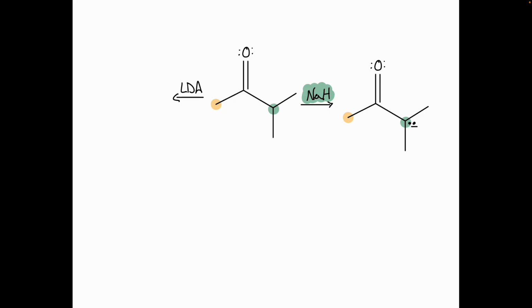Whereas LDA prefers the more accessible carbon, which would be our orange carbon. So both of these are going to efficiently create those nucleophilic enolate ions. They're just going to be selective over which alpha carbon they pick. Again, LDA, the more accessible, and sodium hydride, the more substituted.